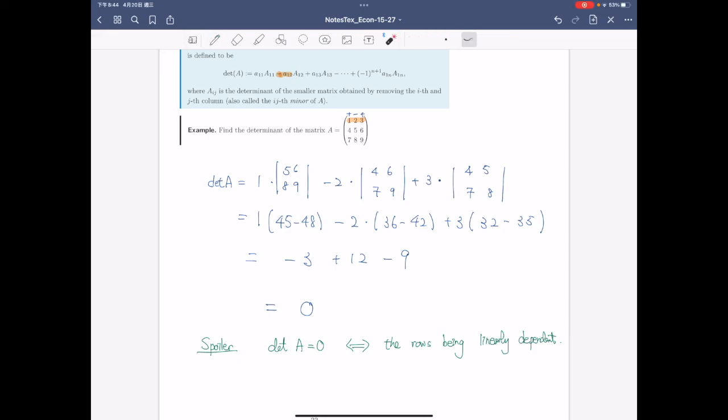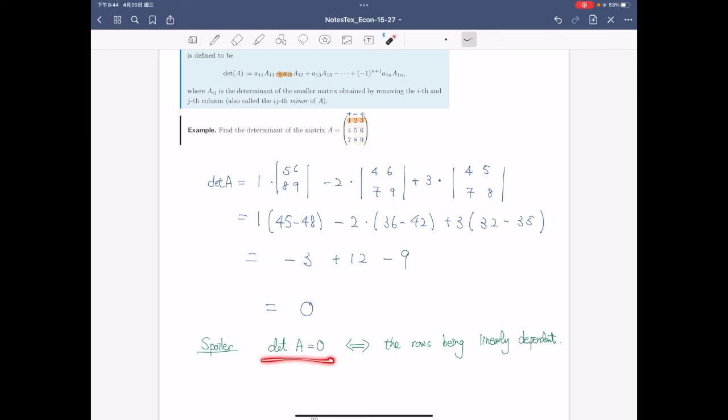This is a very famous set of rows, right? 1, 2, 3, 4, 5, 6, 7, 8, 9. From week 1, we know that these 3 rows are linearly dependent. They have a linear relation between them. And therefore, from what we will see on the next page, that can immediately imply the determinant equals 0.